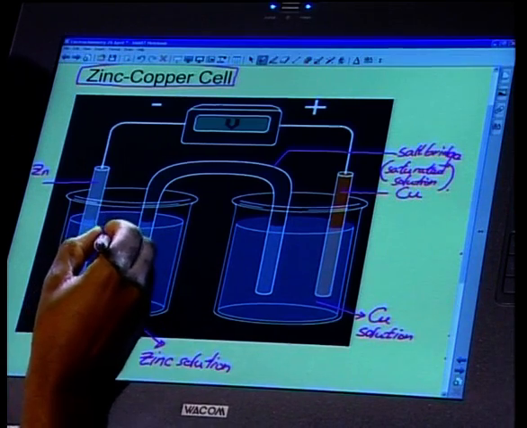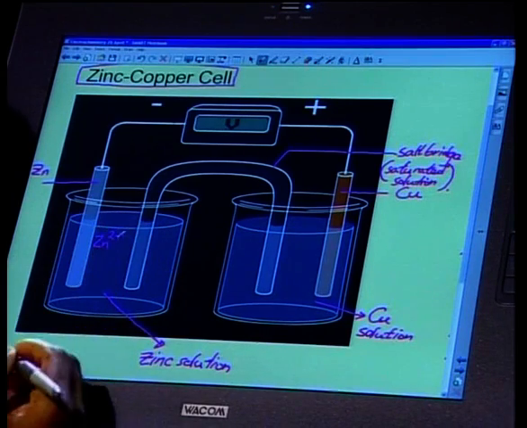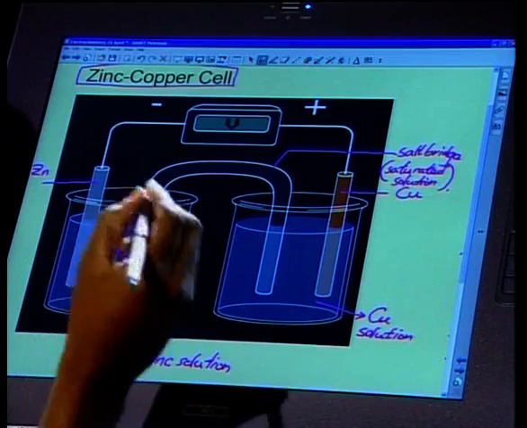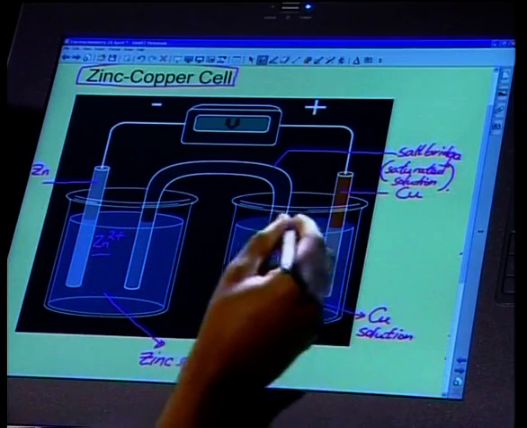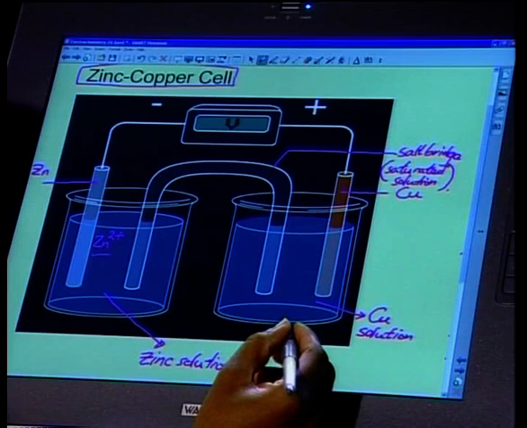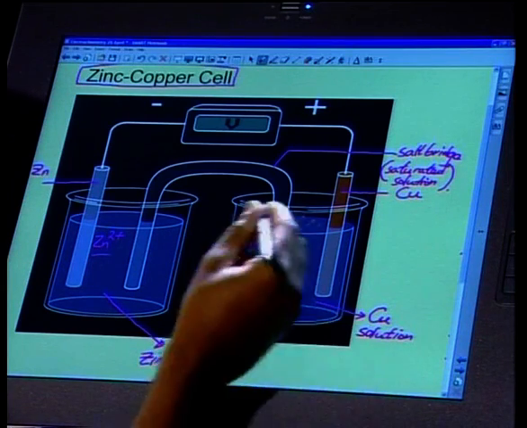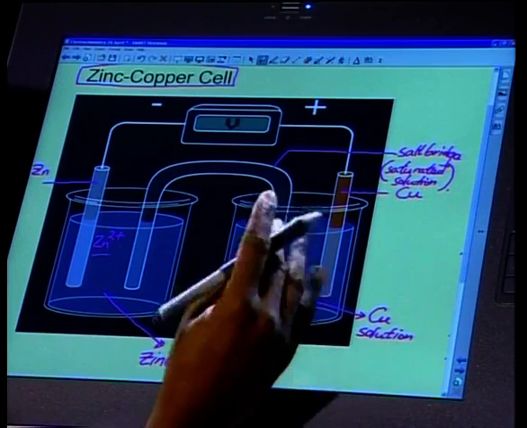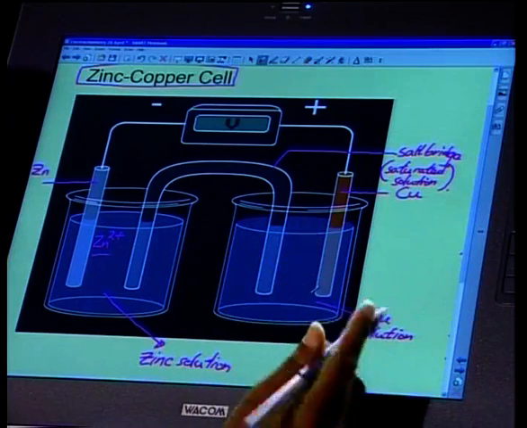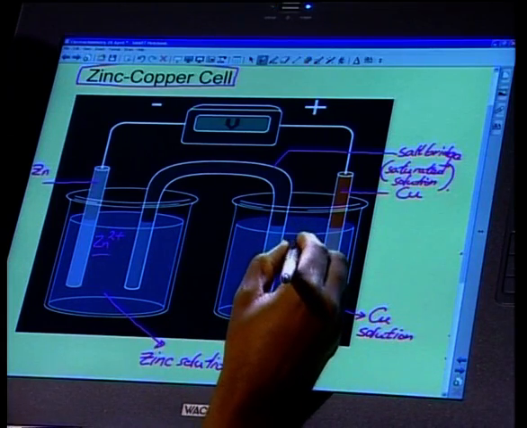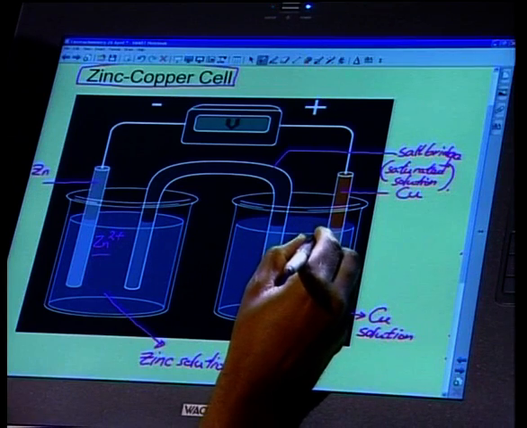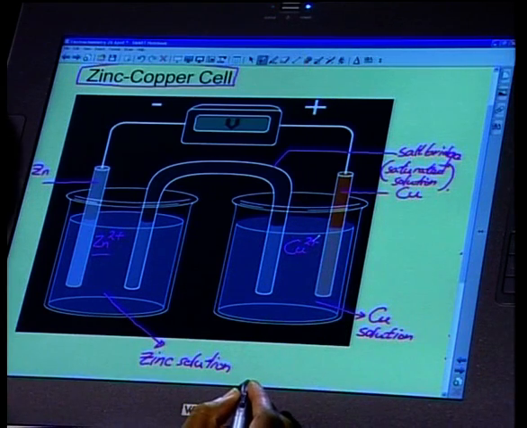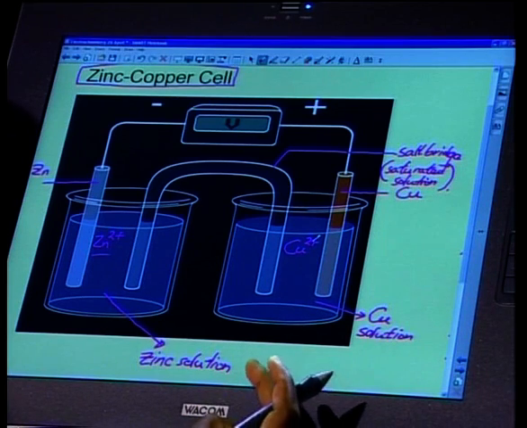We mean that in here are the Zn2+ ions. In the same way, when we say we've got a copper solution in this part of the zinc-copper cell, it means this solution contains the Cu2+ ions, or the copper ions.